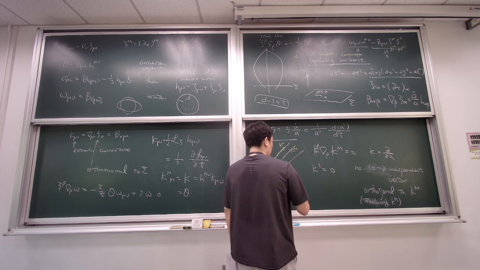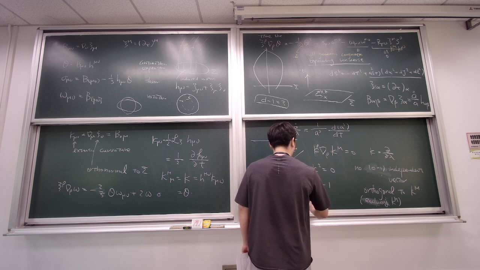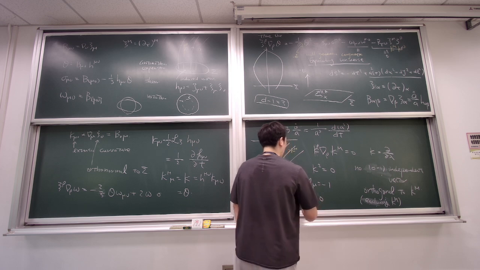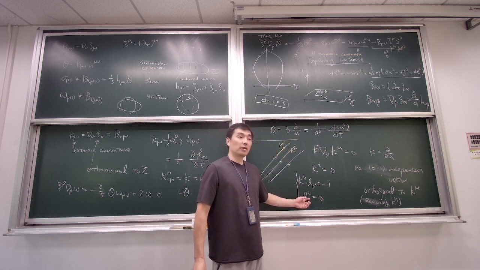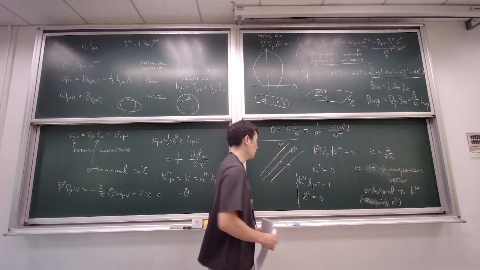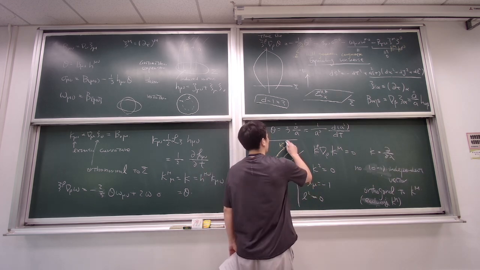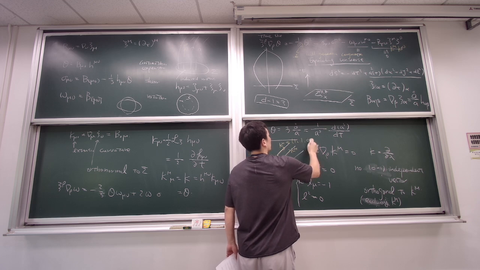k mu dot l mu is equal to minus 1 and l squared is equal to 0. We have to find such a vector. So l is null itself, but the contraction with k gives you minus 1. Suppose k is locally something like 1, 1, 0, 0.